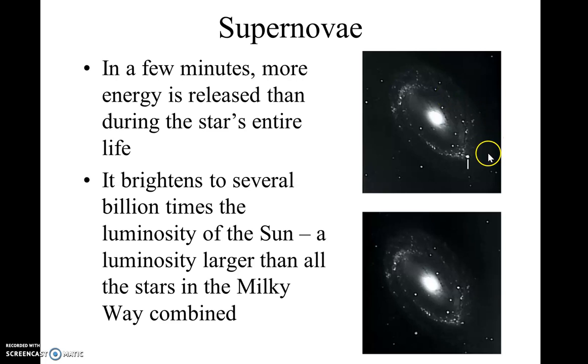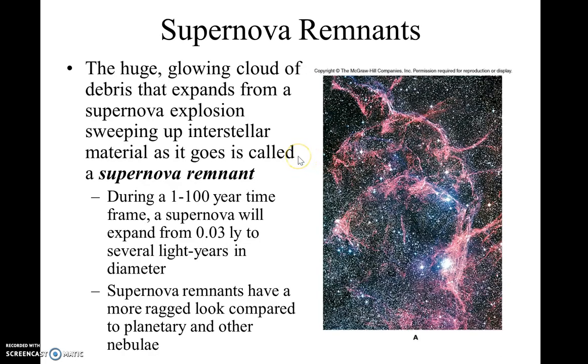That's a rough estimate of a spiral galaxy like ours. So a single star can outshine 100 billion other stars for just a short amount of time. And that's the supernova explosion. That's what is releasing this tremendous amount of energy with it. All these new, heavier elements are created.